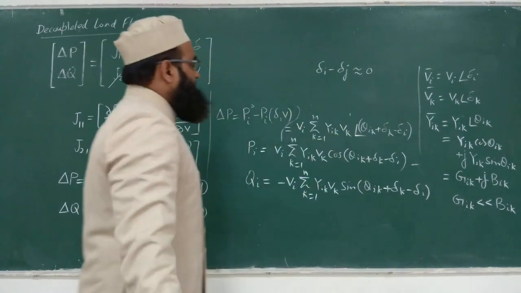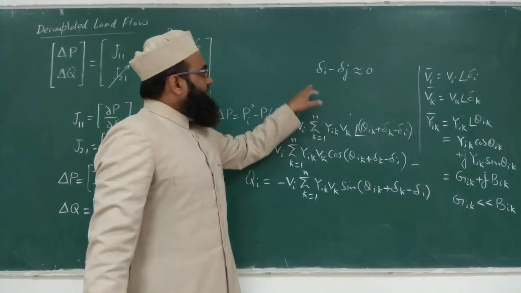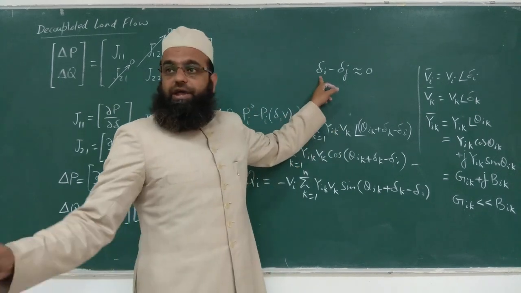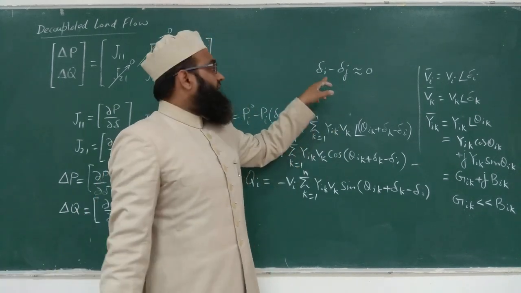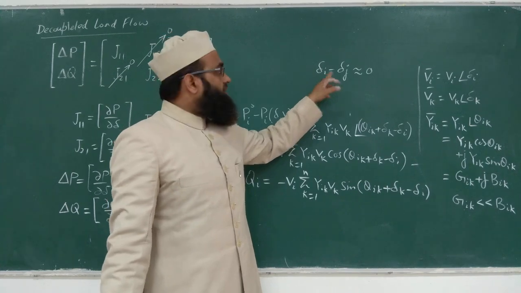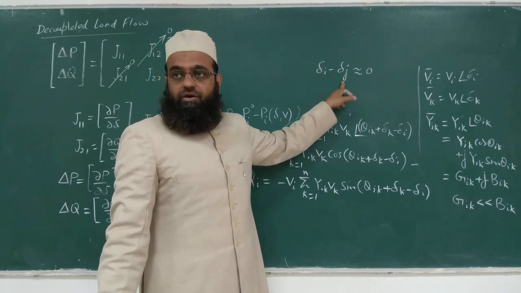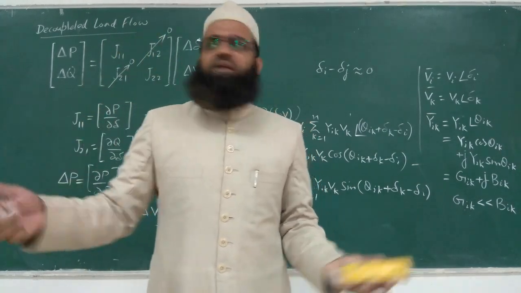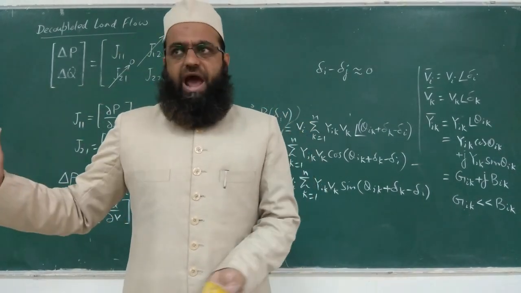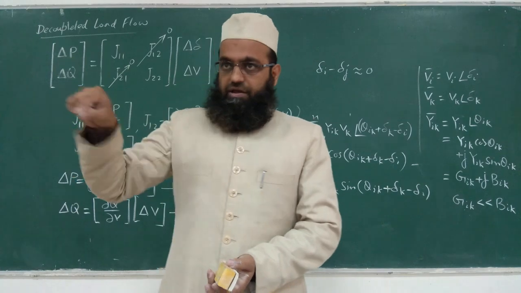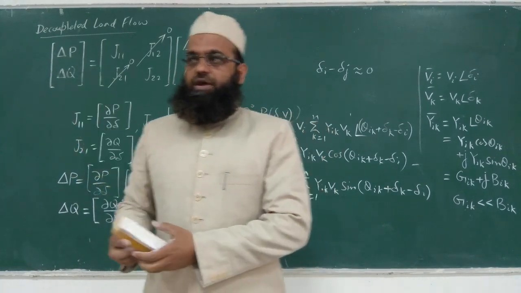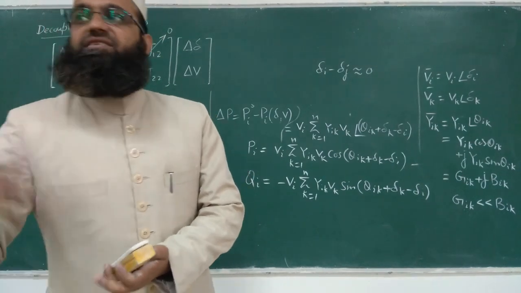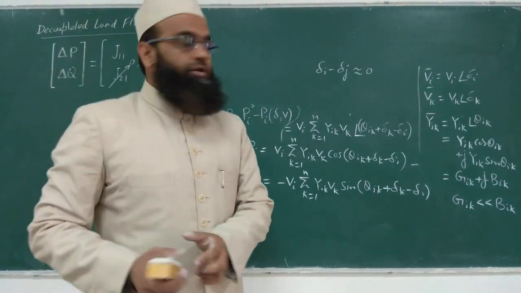Second assumption is that the difference between delta I and delta J, where delta I is the phase angle of bus voltage at ith bus and delta J is at jth bus, is within 10 degree practically, not more than that, less than or equal to that, right? Due to some other reasons, we will see in detail in stability analysis, unit 4.